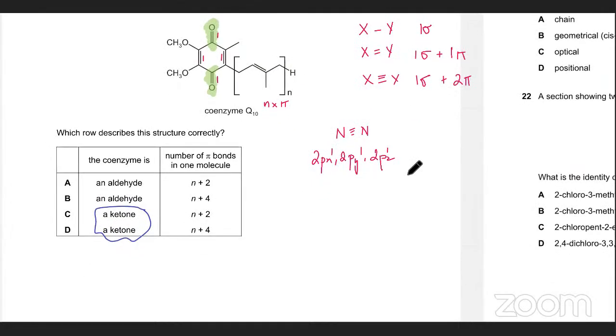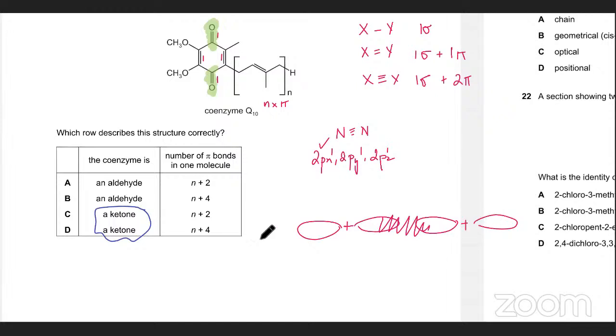So in nitrogen's case, there's going to be one orbital, let's say on the x-axis. So there's one nitrogen atom and there's another nitrogen atom. They both need electrons, so they're going to end up overlapping head-on, in the middle. That's a sigma bond. So the px orbital of one nitrogen atom would bond with the px orbital of the other nitrogen atom.